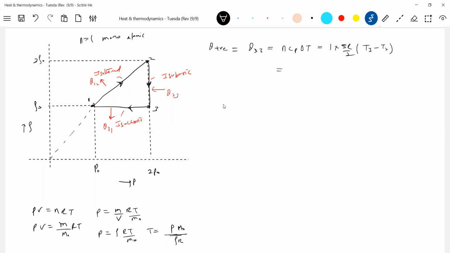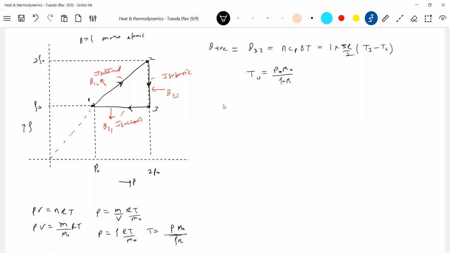But we don't have temperature, no? Only pressures are given. So take help of this formula. P naught, I'll rewrite this. T naught, P naught, M naught by rho naught R. That will be T naught. Agreed? Am I right? So what is the temperature at this particular point?